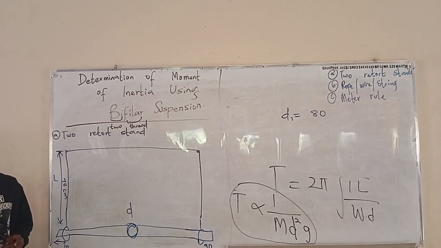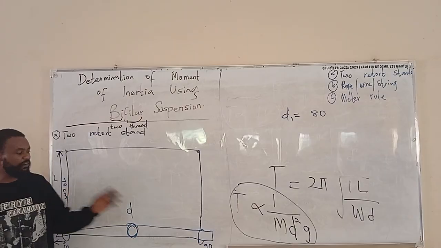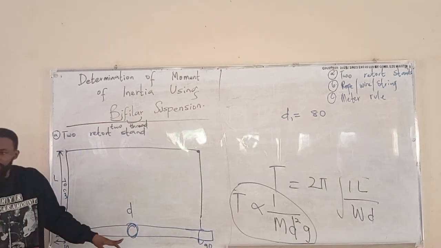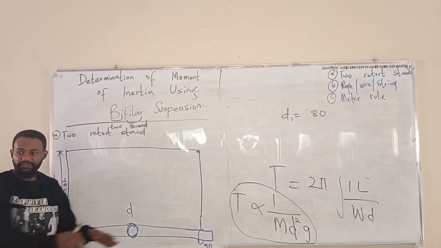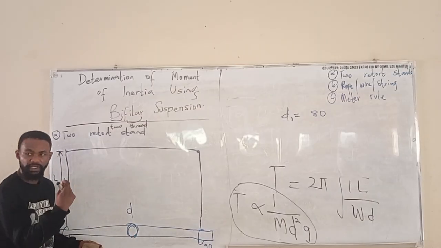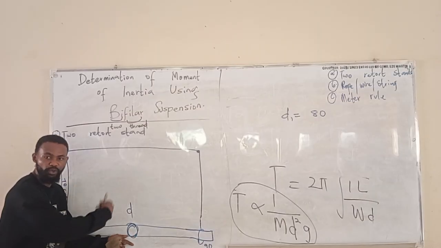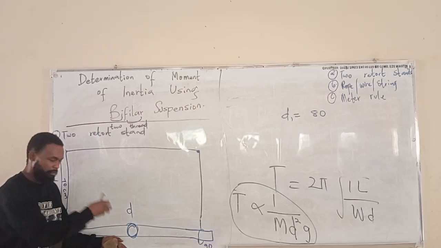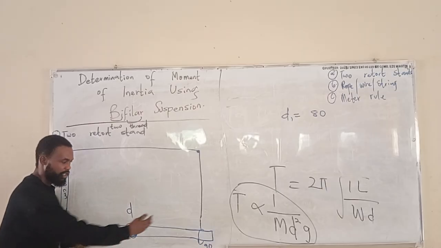That means when I'm using mass, I don't have to adjust the rope to change the measurements. If I finish the first one after I rotate, I'll remove this mass, put another one, use masking tape, glue it, do the rotation again. Remove it, put another mass, glue it, rotate it.